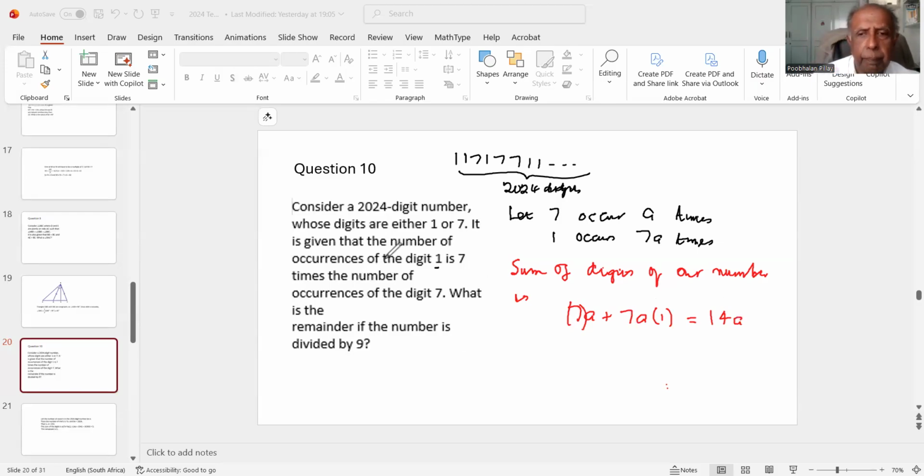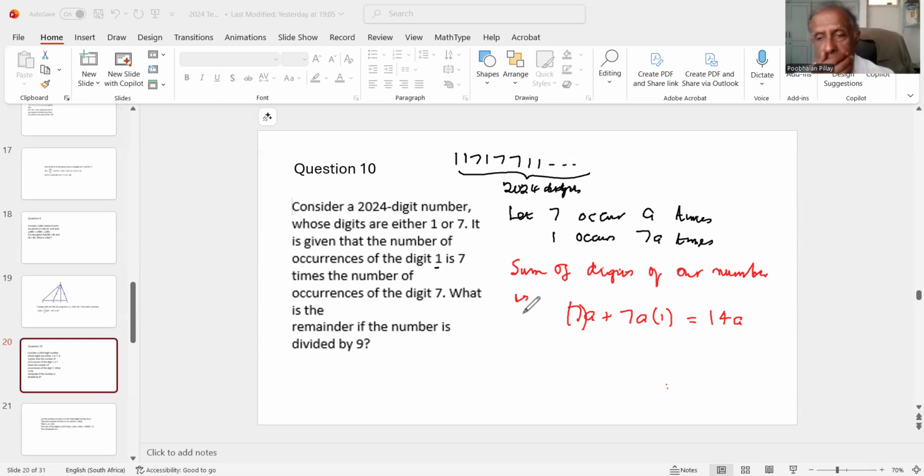Now it says here that the number of occurrences, now it's a 2024-digit number. Oh yeah, okay, that's very important. I forgot this.